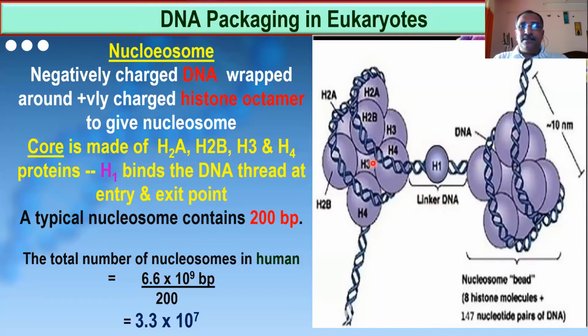Okay, and if you know the total number of base pairs in a nucleosome, and if you know the total base pairs of human DNA, see here, this is the total base pairs in human DNA, then you can easily find out how many nucleosomes are there in a human DNA.